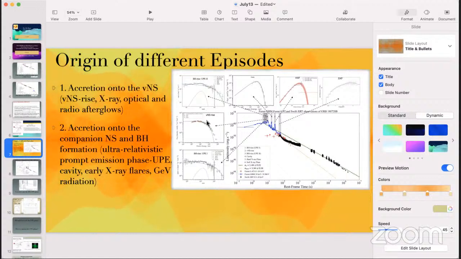All the GRBs we have considered are in the range Z smaller than 1, because we like to have the correlation with the supernova. Okay? Are you there? Yeah, yeah.